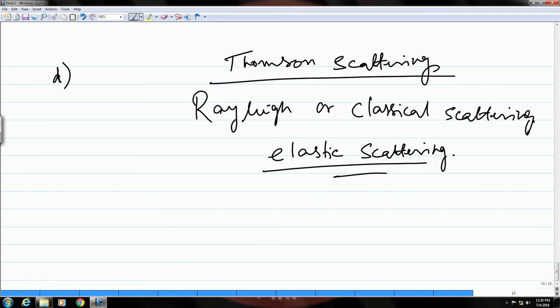Okay. So, it just goes through without losing any energy, and that is why this is known as elastic scattering, as there is no change in the energy of the X-ray photon.